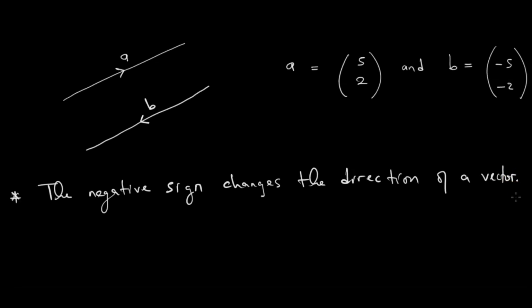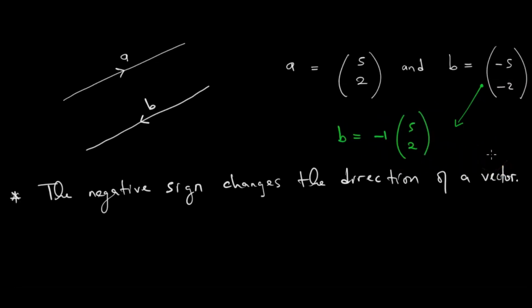So if we want to reverse the direction of A, we just have to multiply minus 1 times A. And I don't want to rush you here, but you should know that B is this. We are going to do this under scalar multiplication later. But you should know that B is just equal to minus 1 times 5, 2.